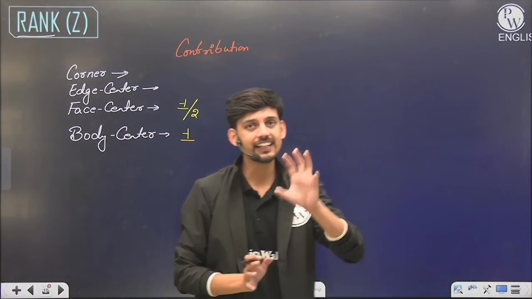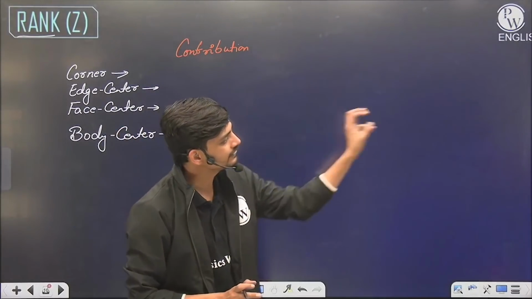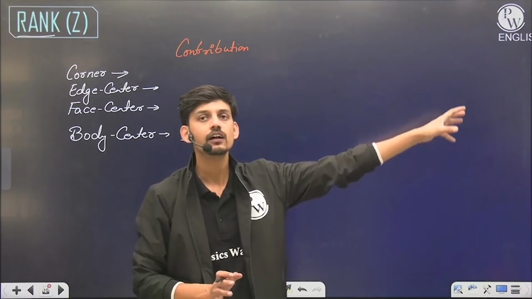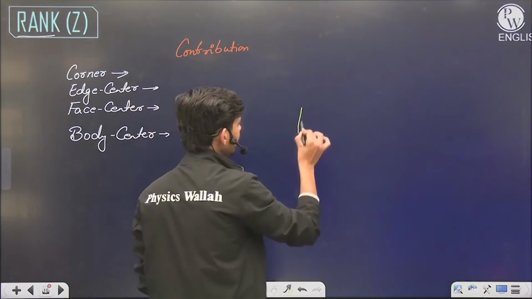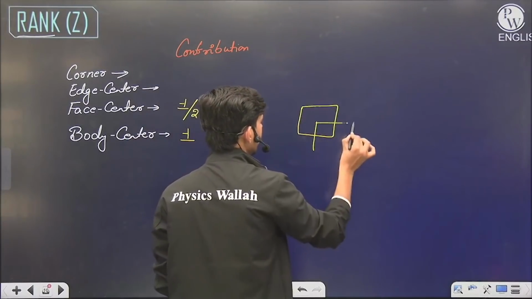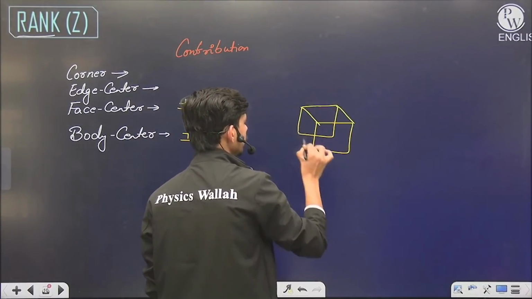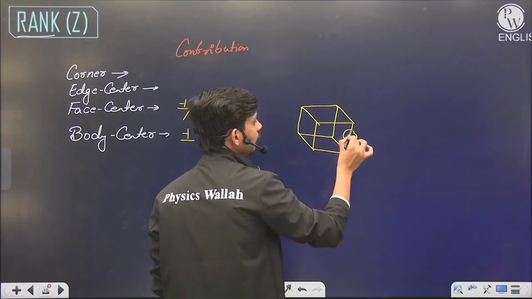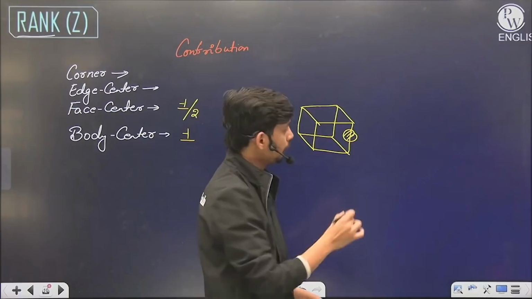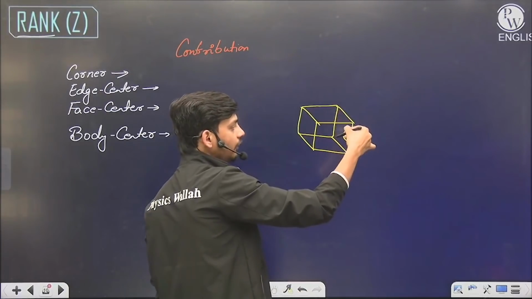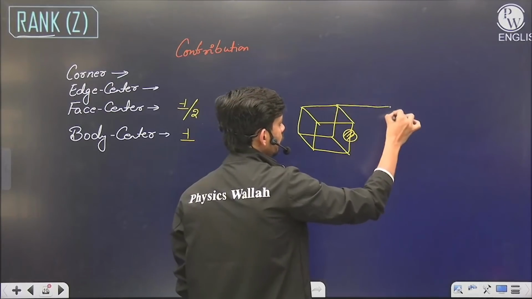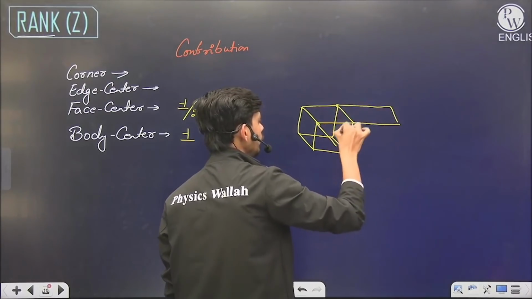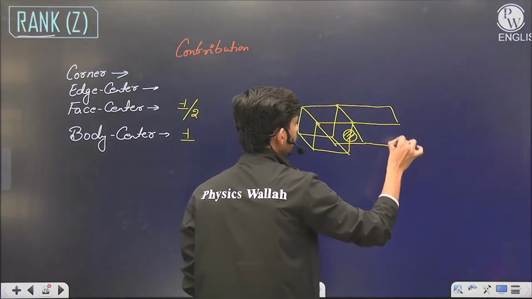Now if I take this atom and bring it to the edge center of the cube of this room, something like here, this can be seen from 4 cubes: 1 cube this, 1 ahead of this, 1 to the right side of this, and 1 behind this.